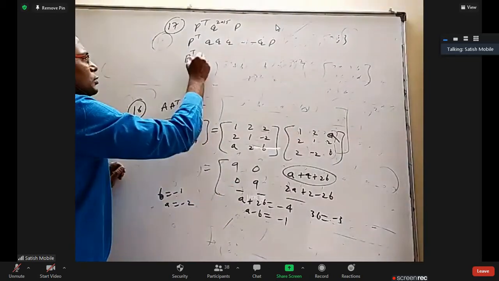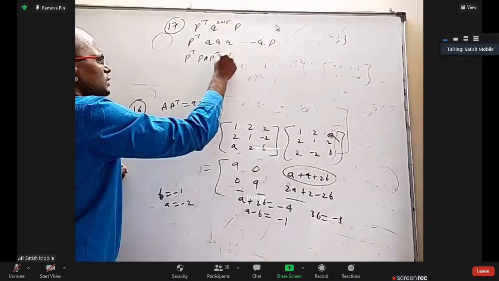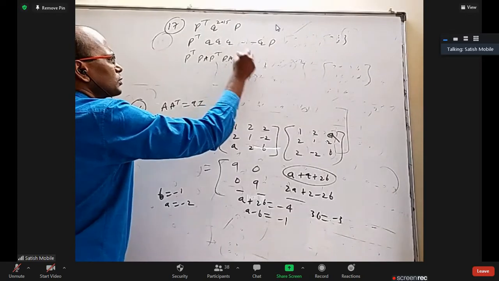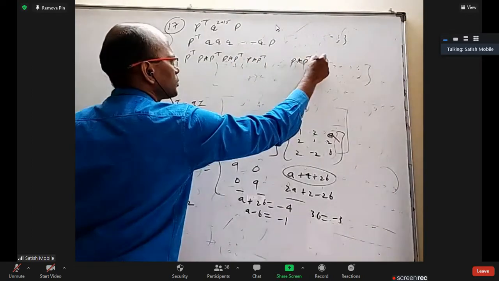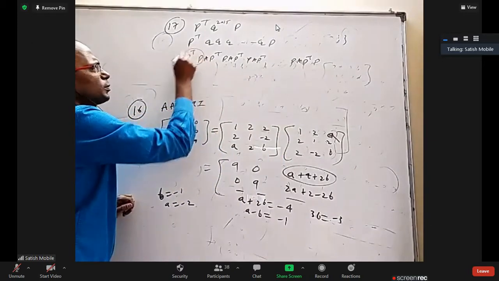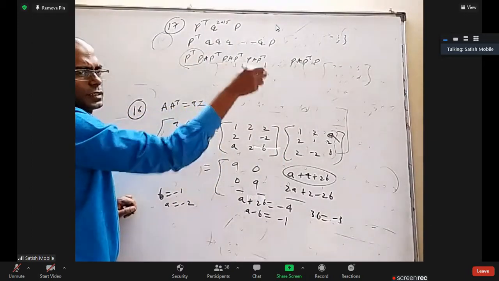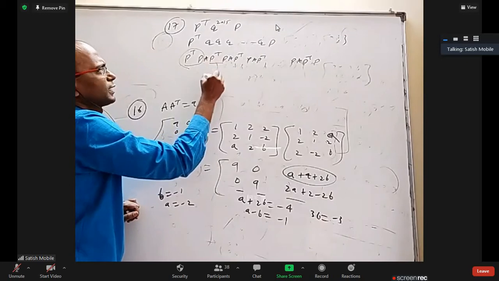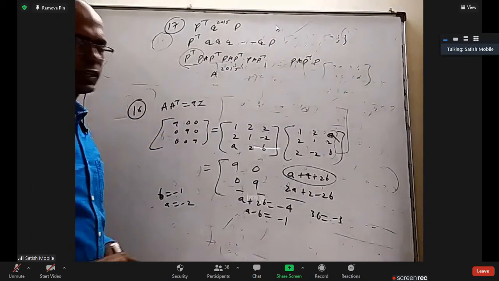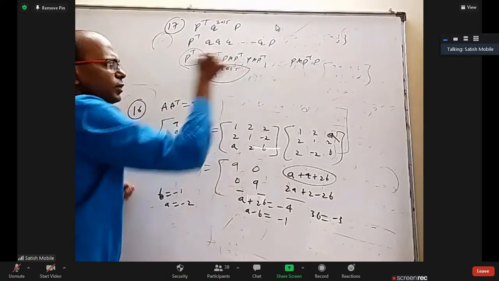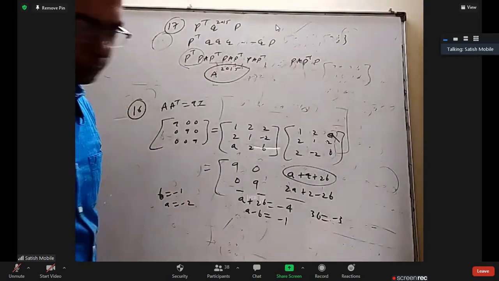PAP transpose. So this is PAP transpose, again PAP transpose, again PAP transpose, again PAP transpose and P. But P transpose into P is identity matrix. This is also identity. Everything is identity except this A. So you'll get A power 2015, because A came 2015 times, and only A power 2015 itself is the question.